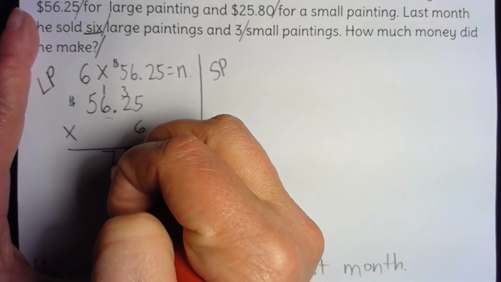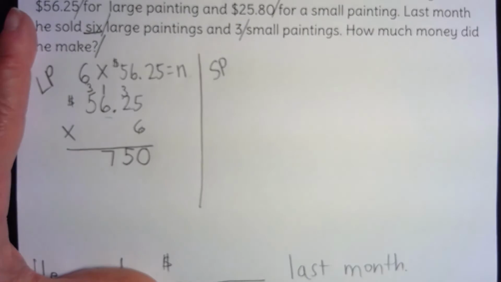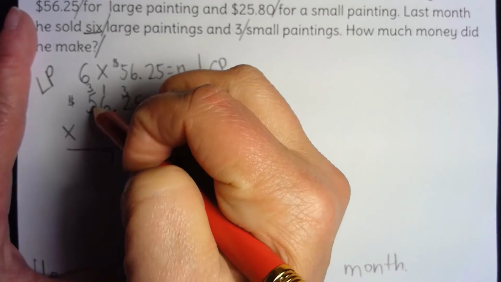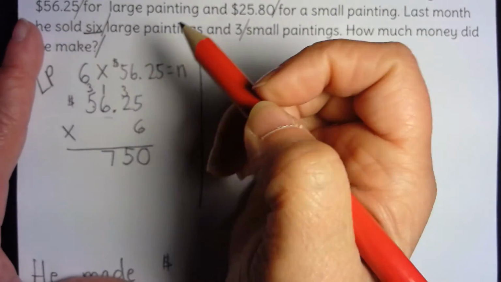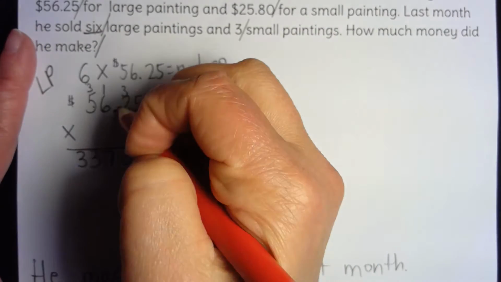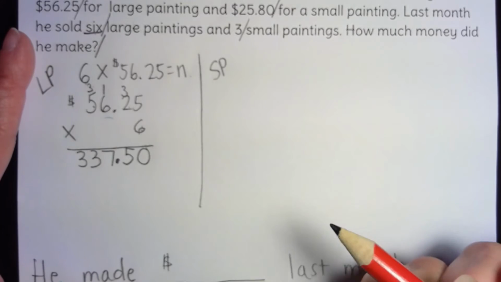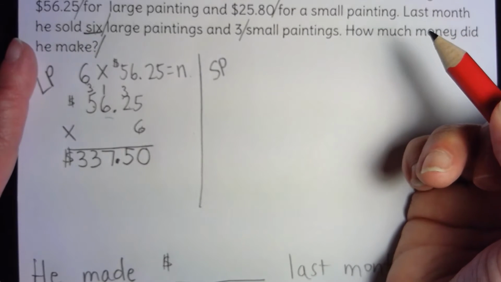Put down the 7 hundreds, carry the 3 thousands. 6 times 5 thousands is 30, plus the 3 I carried is 33. So I write down 33 and put the decimal point there, and I bring down the $ sign.